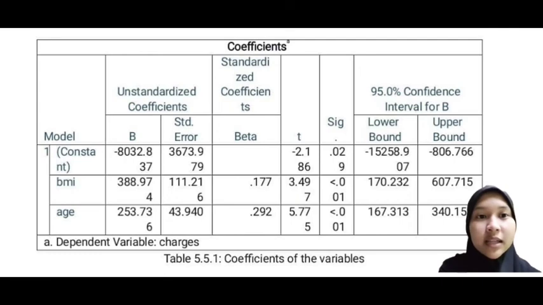This shows that the two variables are significant predictors as the value of 0 does not fall in the interval.